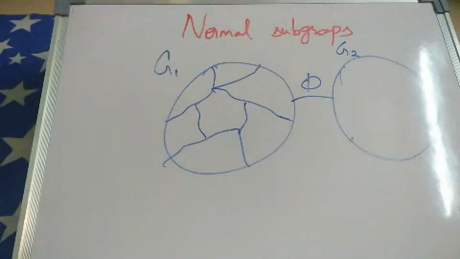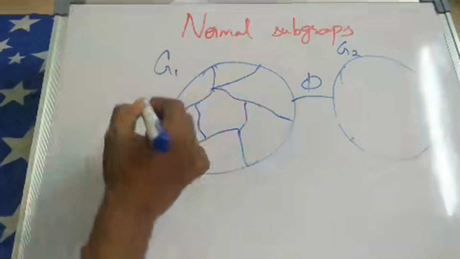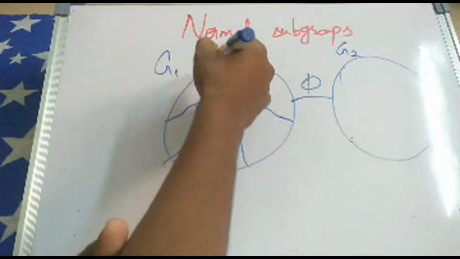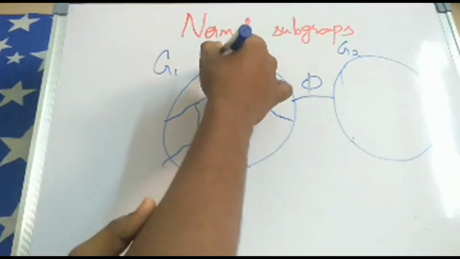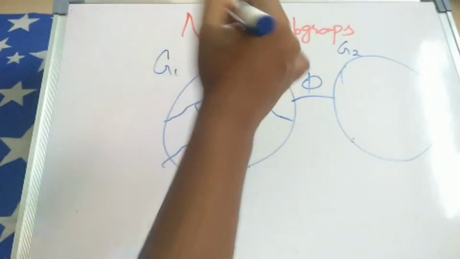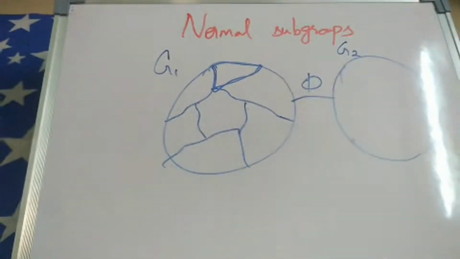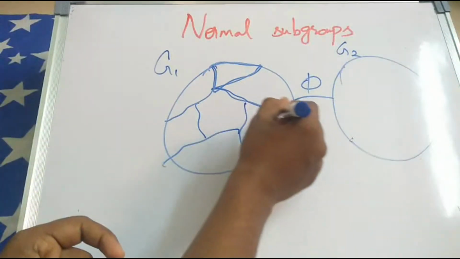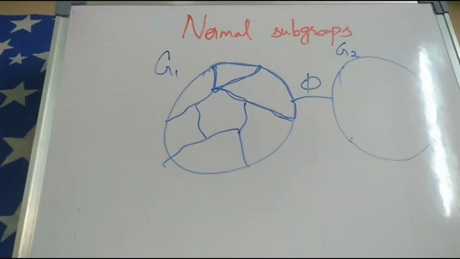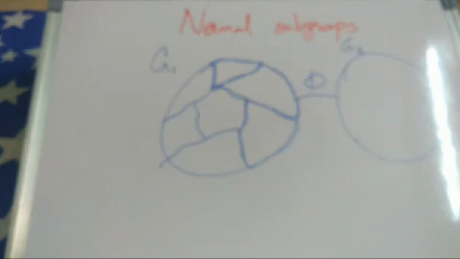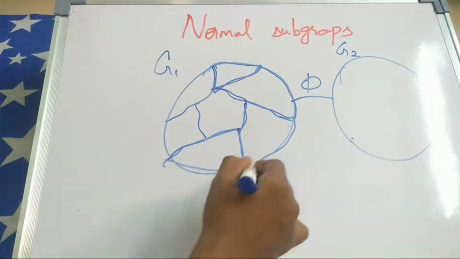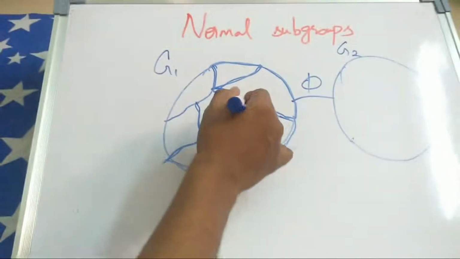So hopefully I am clear. We have G1, and we are splitting up this set into a kind of partition where this entire set will be considered as one single element, and likewise for each of the other parts.